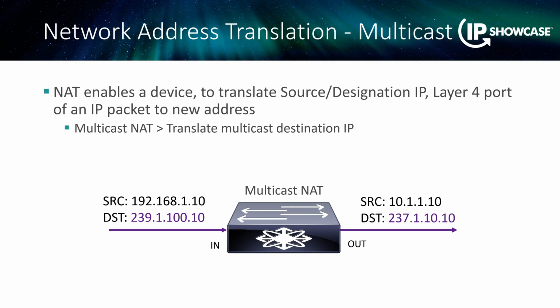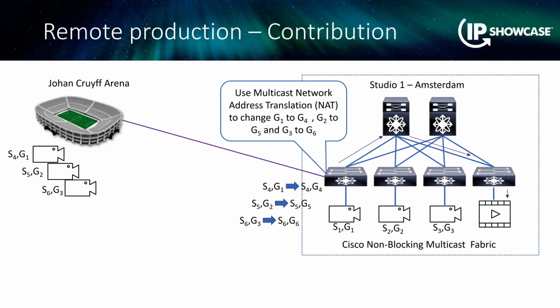I'm not only changing the destination address, I'm changing the source address, and I'm capable of changing a layer 4 port as well. So the whole packet information is changed, so it's completely non-overlapping with anything which I have in my network. So when those streams arrive, I'm changing S1 G1 to S4 G4. So it's very unique and able to transfer those signals in the network which I have.